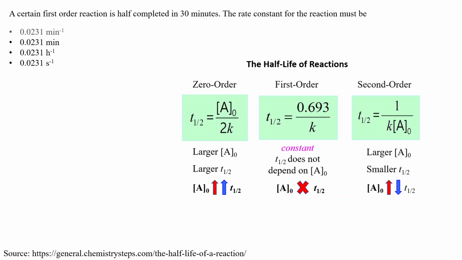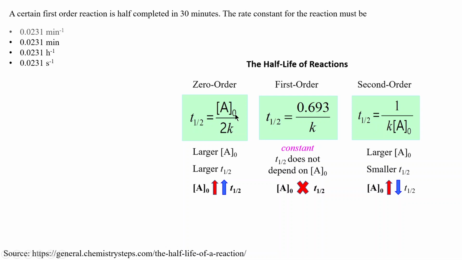Now we already know that there are different orders of reaction. First we have the zero order, then first order, and then the second order. So we can see that there are different half-life expressions here for different orders of the reaction.